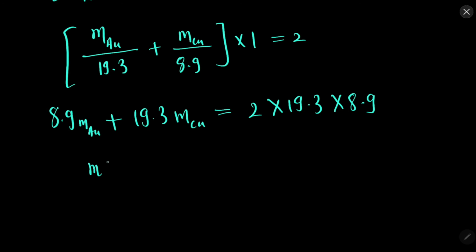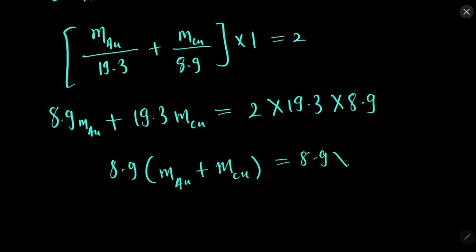After simplification we will have 8.9 MAu plus MCu equal to 8.9 into 36, and this equation will be this much.